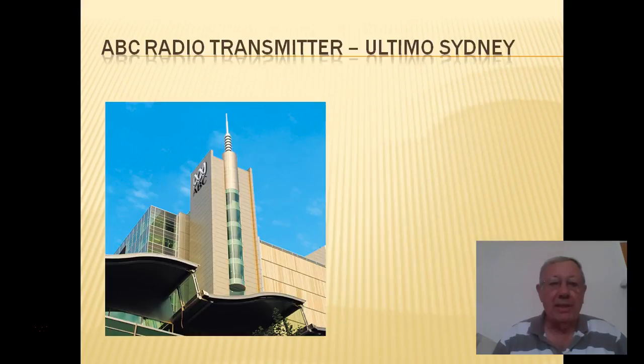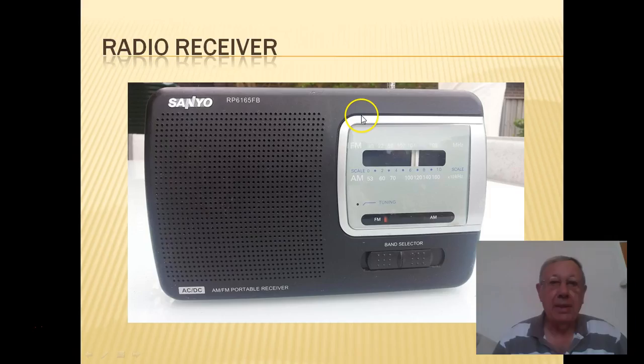What happens then is that this aerial here gives out radio signals and might come to a radio receiver like this one here. Now, this radio receiver is both an FM receiver and an AM receiver.